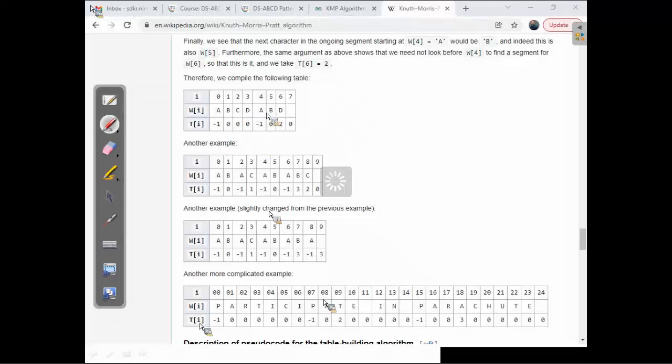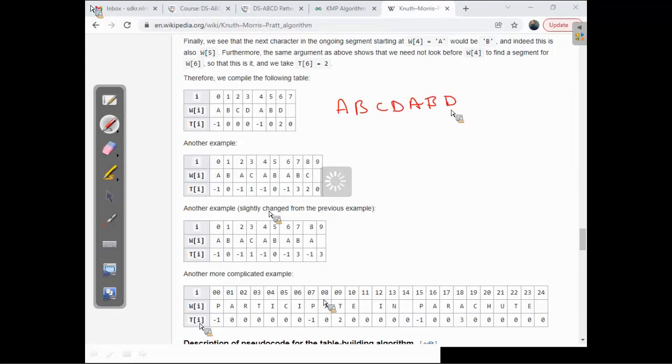Now, I think this is illustrative. Now the pattern is A, B, C, D and A, B, D. So let's just look at this pattern. Now, for D, what is the value we will store?